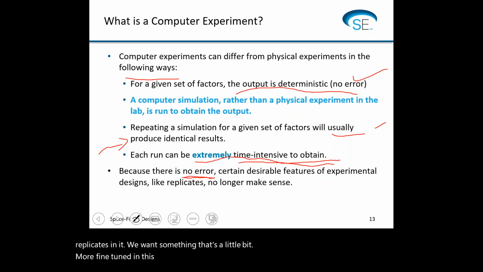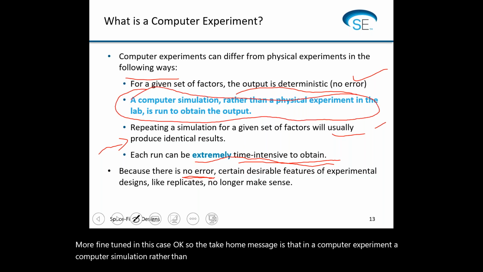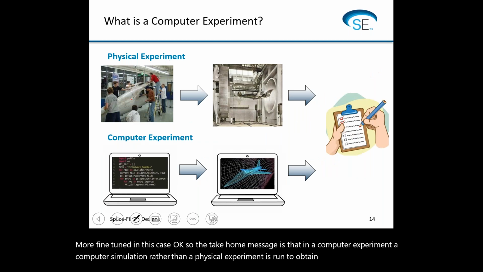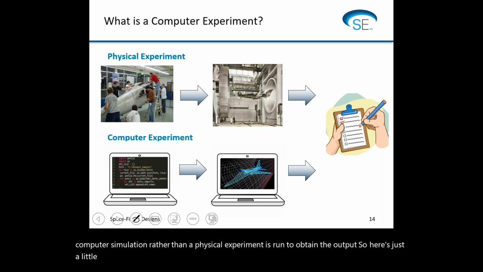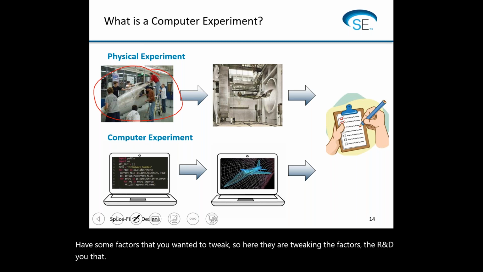Okay, so the take-home message is that in a computer experiment, a computer simulation rather than a physical experiment is run to obtain the output. Here's a little sketch of a physical experiment versus a computer experiment. In a physical experiment, you'd have some factors that you wanted to tweak. Here the aeronautical engineers are tweaking something.